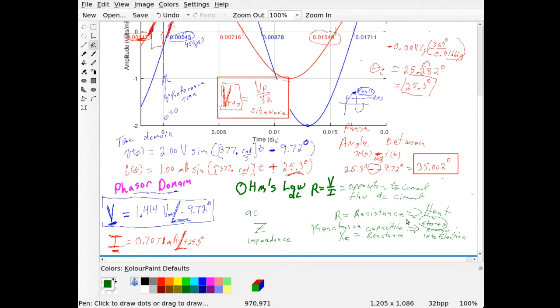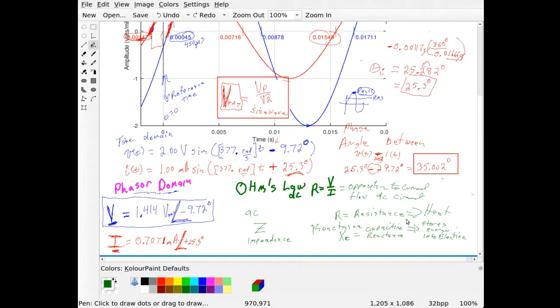Kinetic energy means that it's basically moving. So electricity is moving electrons, right? So that is moving energy. And we're going to take that and store that energy into a static energy, into that electric field of the capacitor.